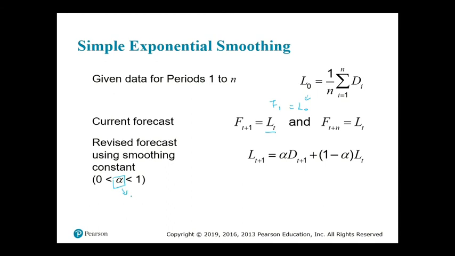Alpha is specified by the forecaster. It's a value between 0 and 1. The larger the alpha, the more discount older data receives. So the revised forecast is basically a weighted average between the new observation and the previous forecast, and the weight is determined by alpha.